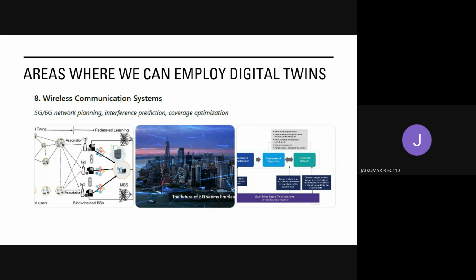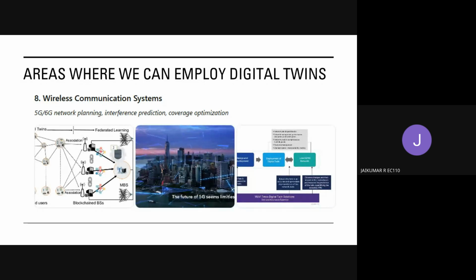And so in the earlier slide, I told that you can have a digital twin of a simple system up to a big wireless communication system. You can have a digital twin of an entire 5G or 6G network, from wireless sensor nodes to a satellite.